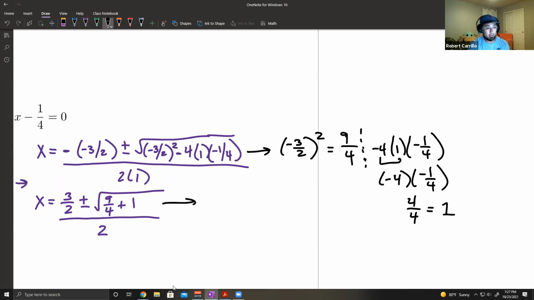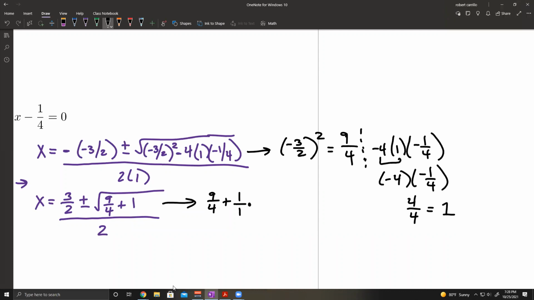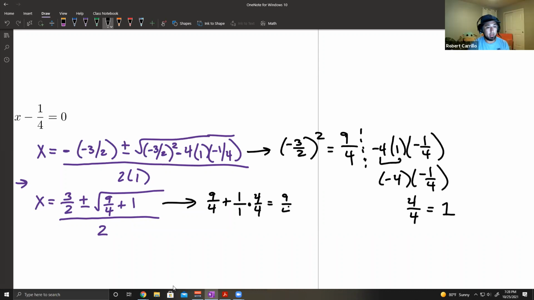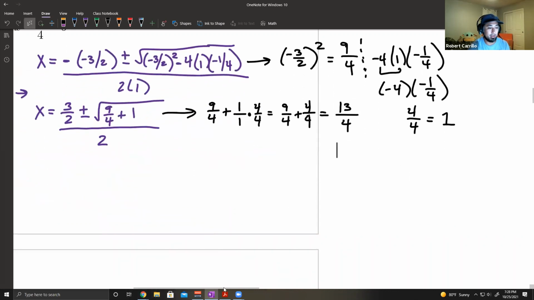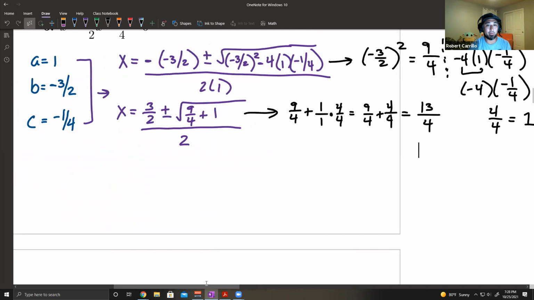So we'll do that out here. 9/4 plus 1, put 1 as a fraction and get a common denominator of what? 4. And you get 9/4 plus 4/4, which gives me 13/4. Okay, cool. We're getting there.